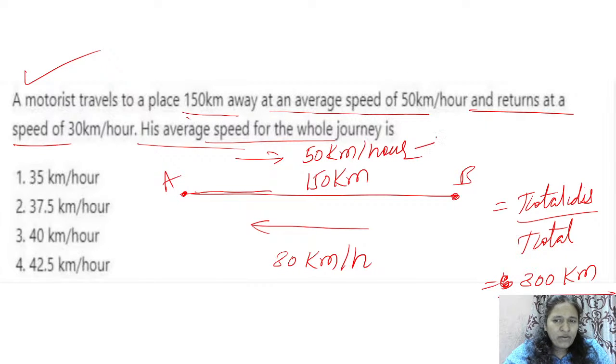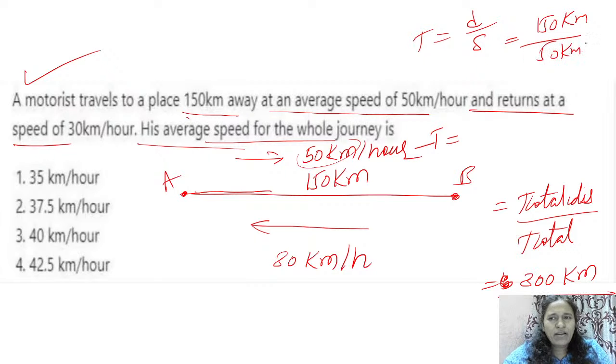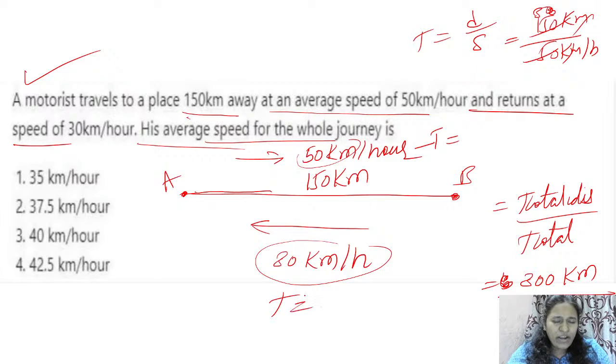Going time. What is the time to go with 50 kilometers per hour? Time is equal to distance by speed, right? The distance is 150 kilometers and the speed is 50 kilometers per hour. Then how much time will it take? 3 hours, right? The going time is 3 hours, and coming time, how can we find? The distance again 150 kilometers and the speed 30 kilometers per hour.